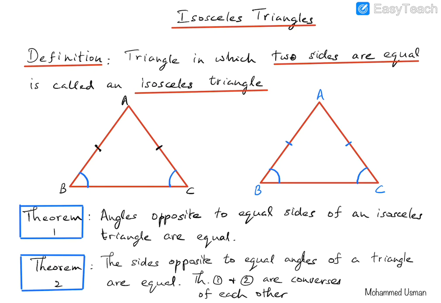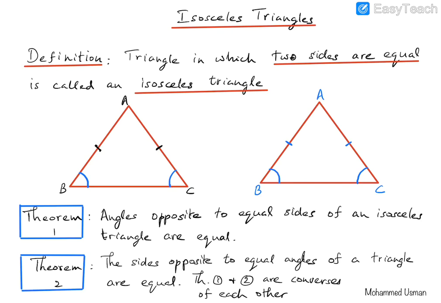So AB and AC will have the same length. These are the two theorems with regards to an isosceles triangle, and we will use them in proving the congruence of triangles and also in solving other problems related to triangles. So if two sides of a triangle are equal, the angles opposite to the equal sides are also equal. Or conversely, if two angles are equal, then the sides opposite to those equal angles are equal.